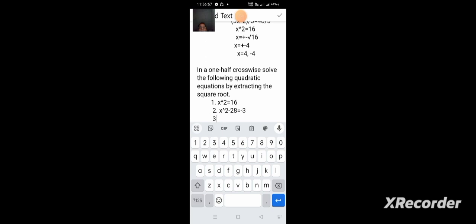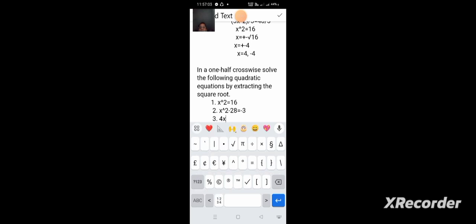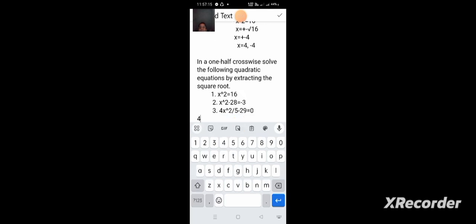Number 3, we have 4x raised to 2 divided by 5 minus 20 equals 0.